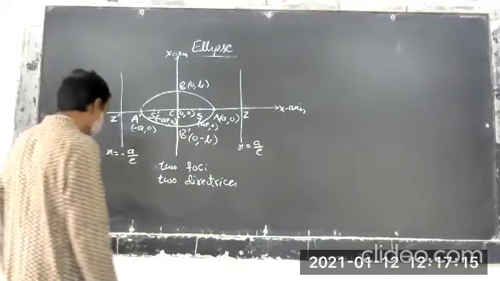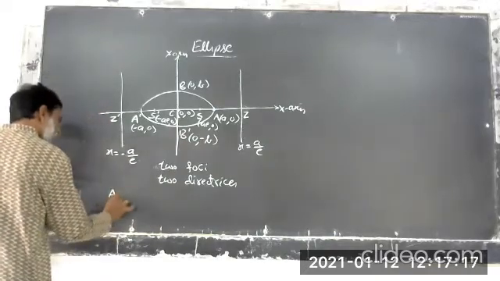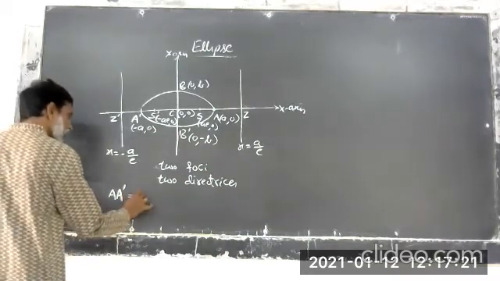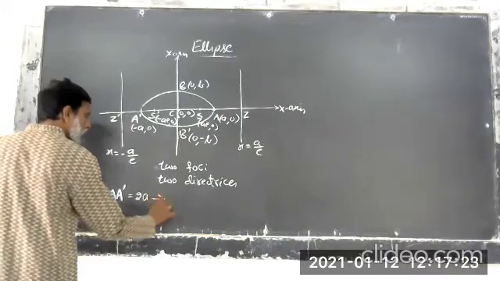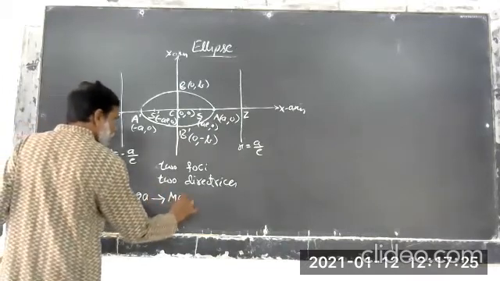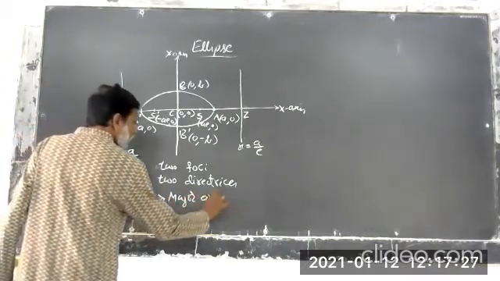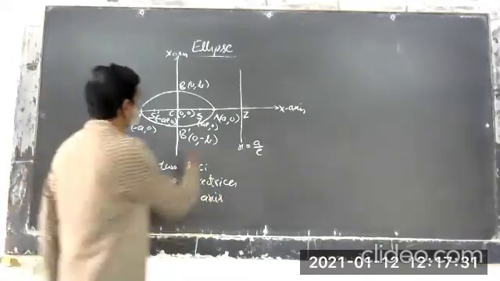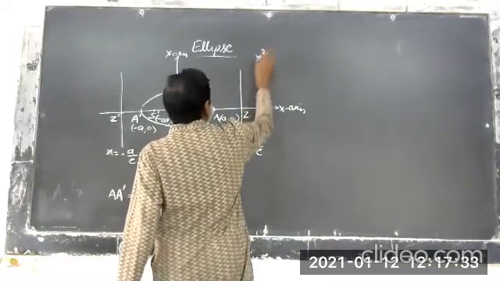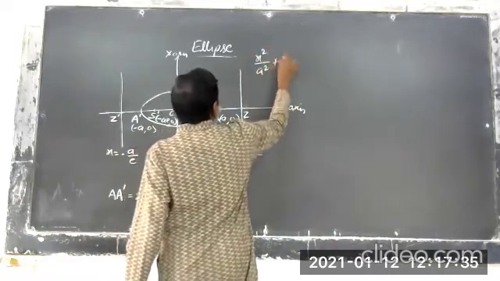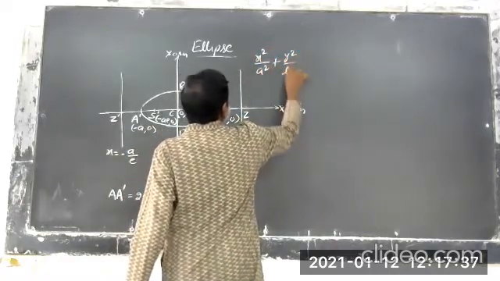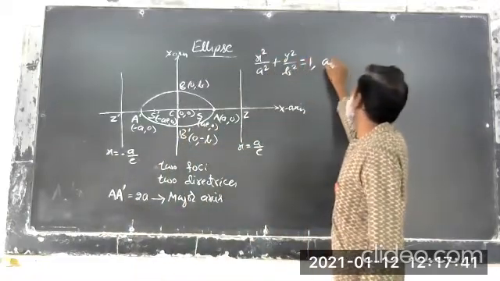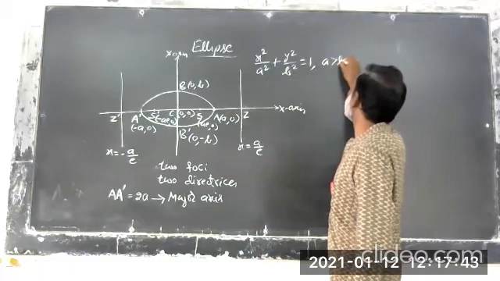And here A A dash is equal to 2a. This is called the major axis of the ellipse. And its standard equation we have seen: x square upon a square plus y square upon b square is equal to 1, where a is greater than b.